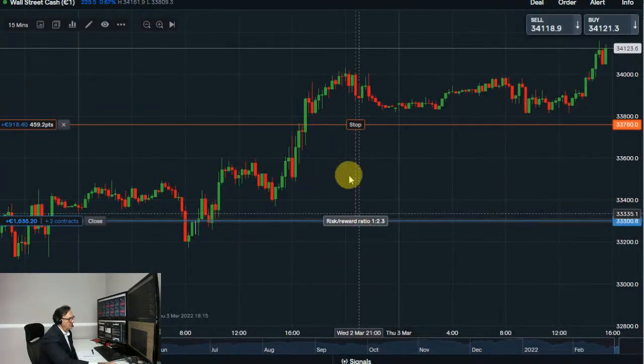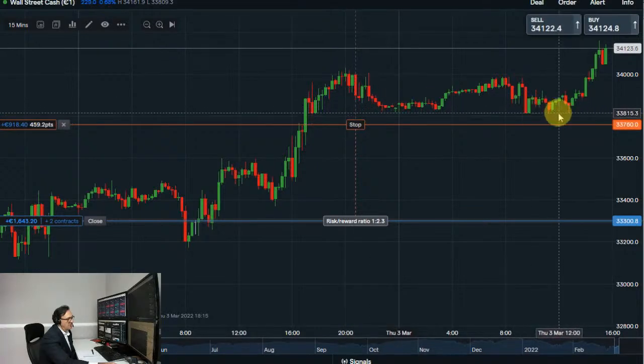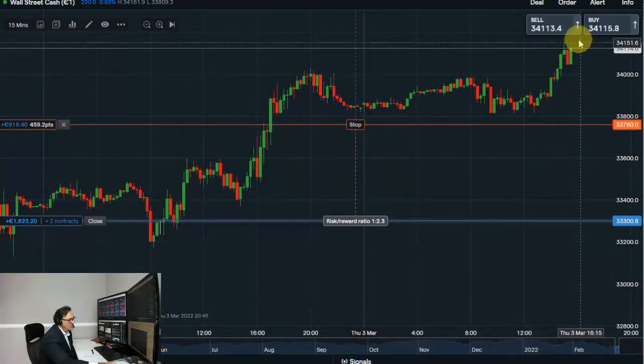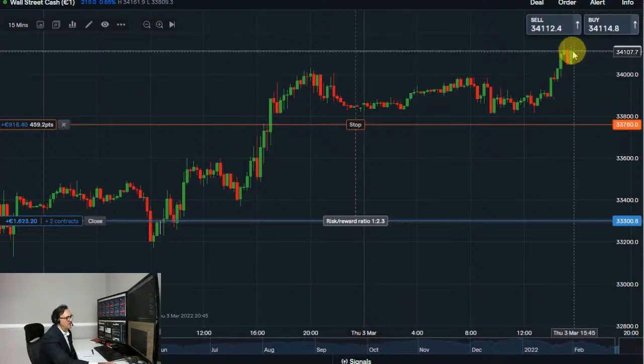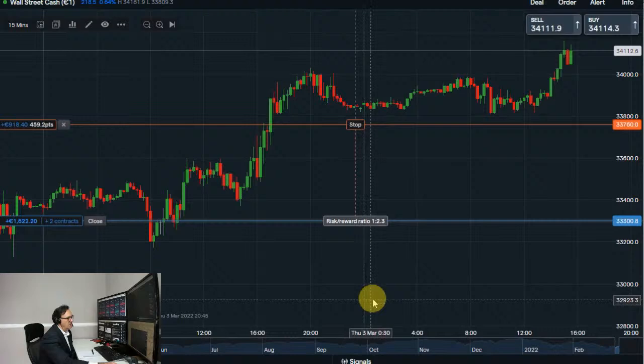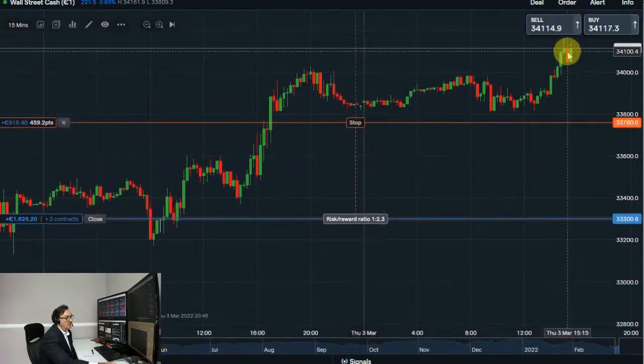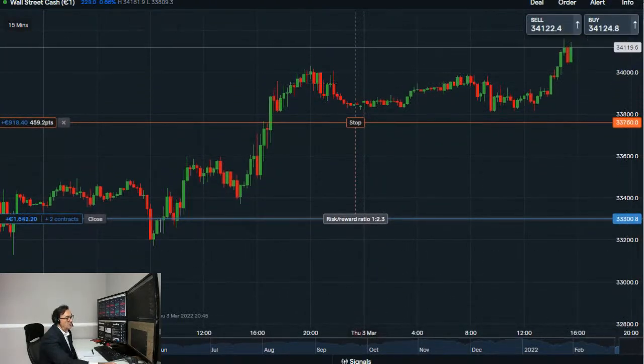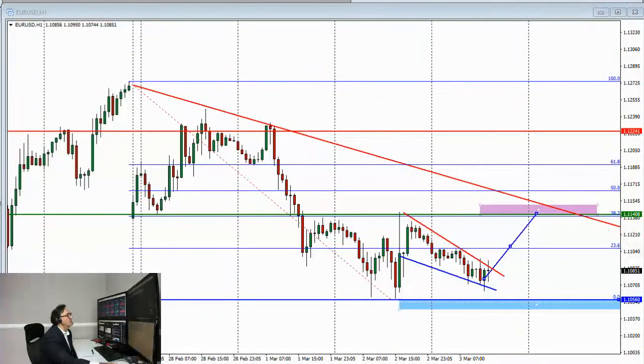My stop loss is well above where I entered, just below the cluster of these lows, and I'm paying close attention to the current price action. If I see a push lower, then I will likely get out of this trade altogether. If I see a breakout above here and a gradual move higher, then I would be happy to hold it for the extension to the upside. So that's where I am with the Dow Jones at the moment.